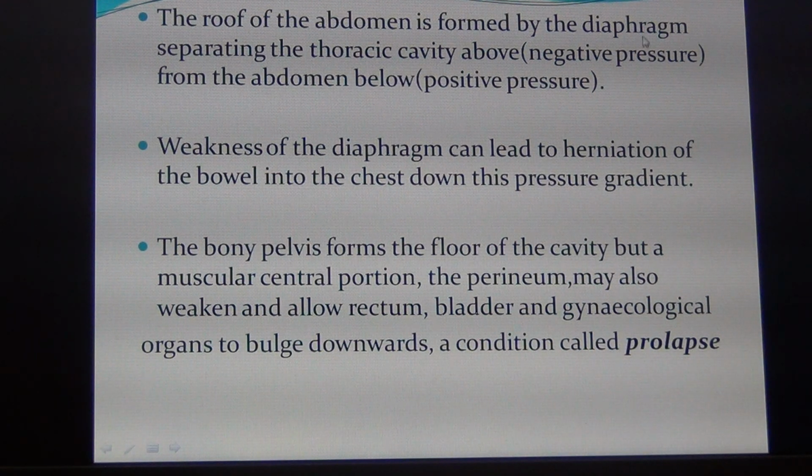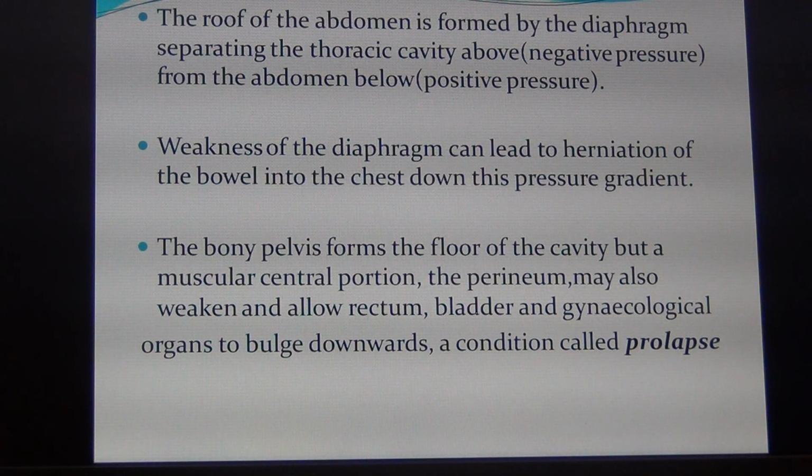So the abdominal cavity starts from the diaphragm, which separates the thoracic cavity above, which has a negative pressure, from the abdomen below, which has a positive pressure. So any defect in the diaphragm will lead to herniation of the intra-abdominal organs from the positive pressure area to inside the chest, which is the negative pressure area.